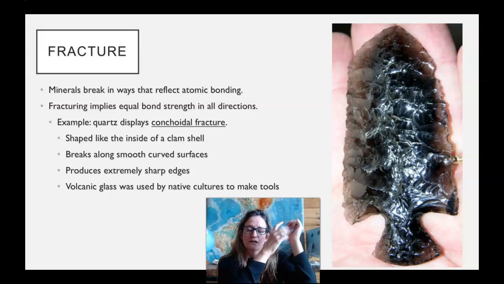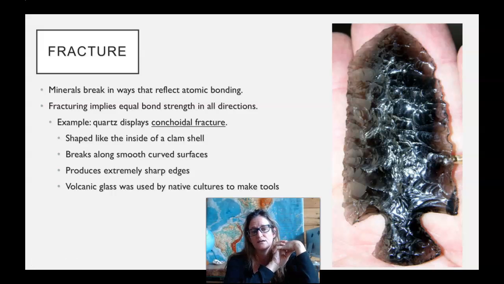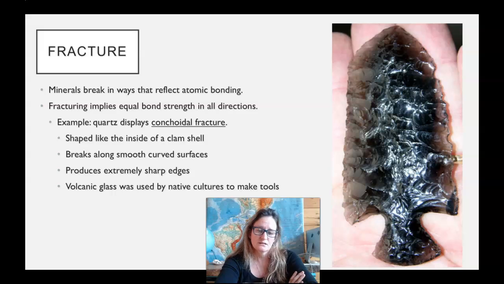This example here is quartz, and notice there's swoops on it. That's called a conchoidal fracture. Obsidian also breaks this way. You may think of obsidian breaking that way, but conchoidal fractures, that swooped shape, that's the way it breaks.